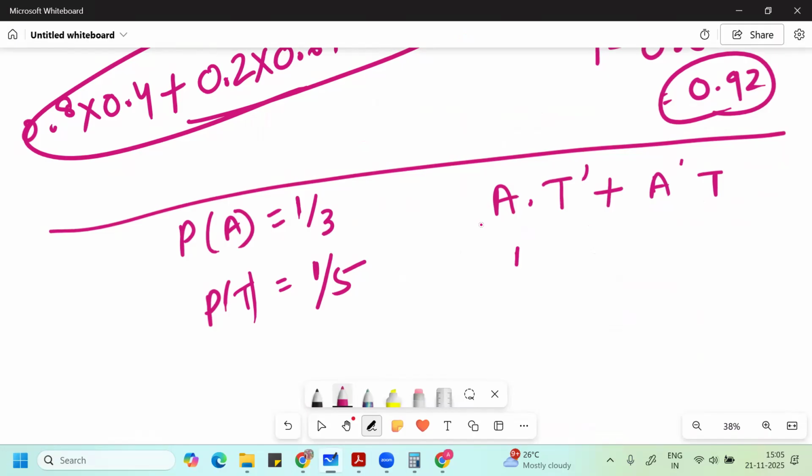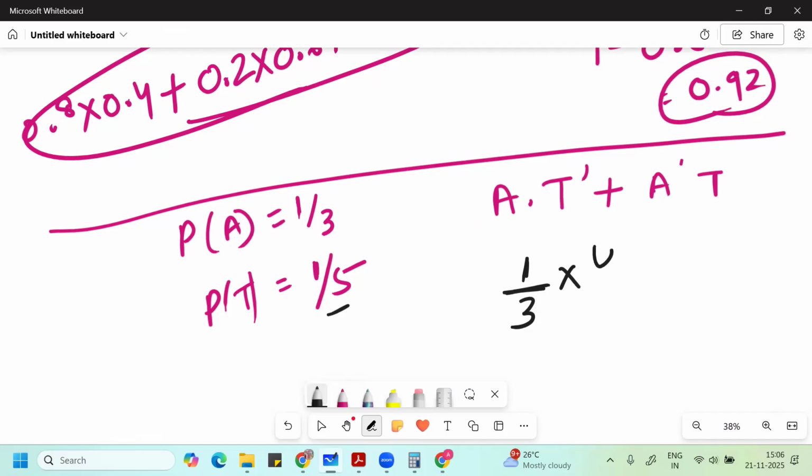So Arun getting selected is 1 by 3, and Tarun getting selected is 1 by 5.